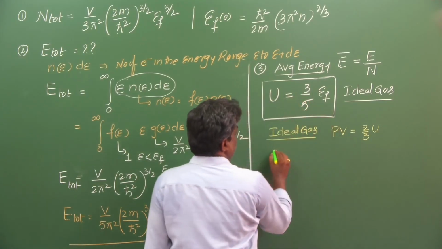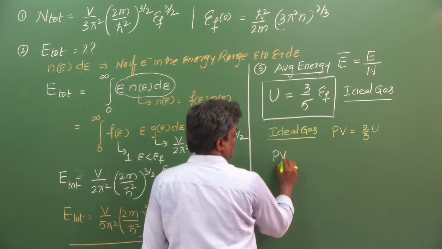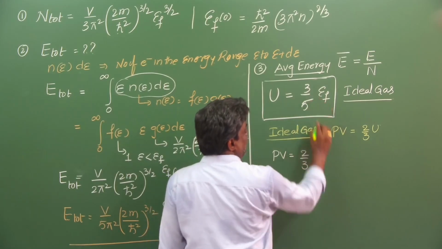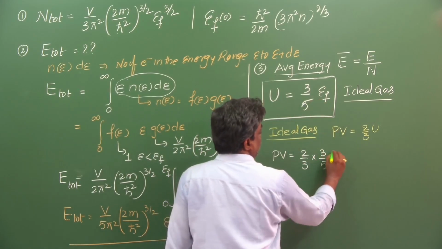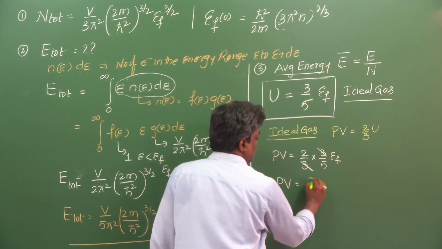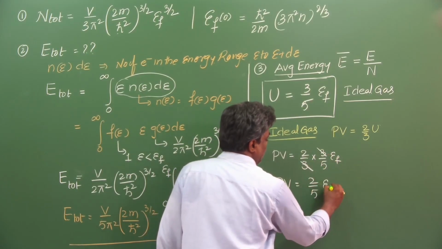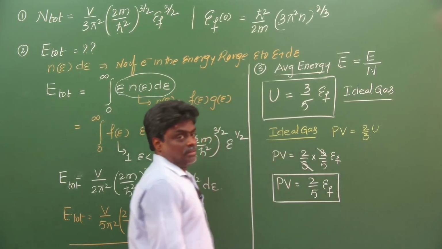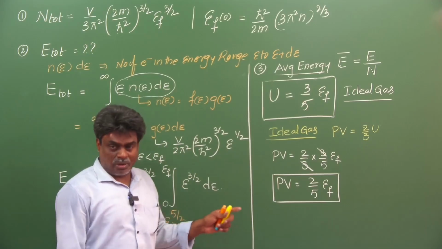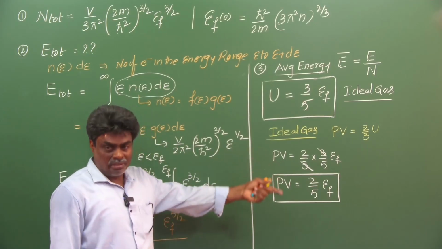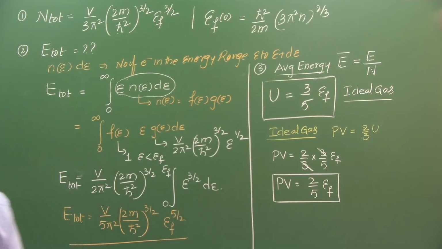Now I am taking this Fermi system, that's why PV equal to 2 by 3 times the average energy you got, 3 by 5 EF. The 3 cancels, so PV equal to 2 by 5 EF. This is also one of the equations, please remember, don't forget: PV equal to 2 by 5 times Fermi energy. Just write.